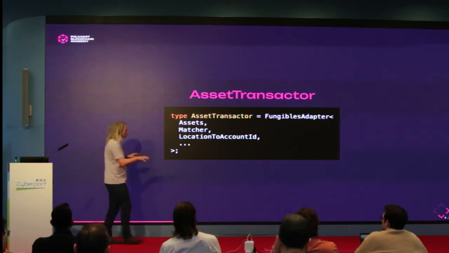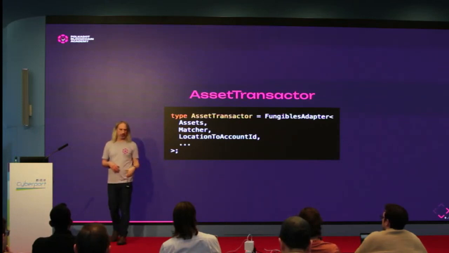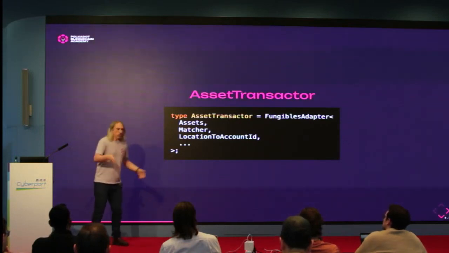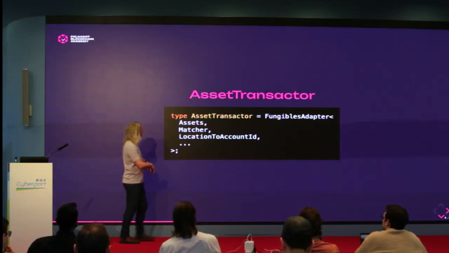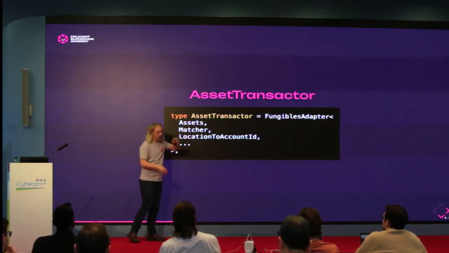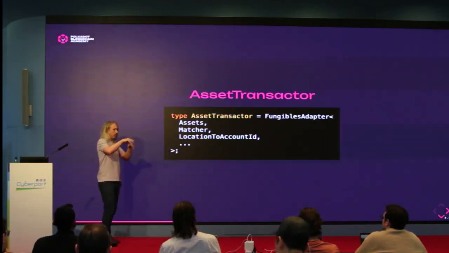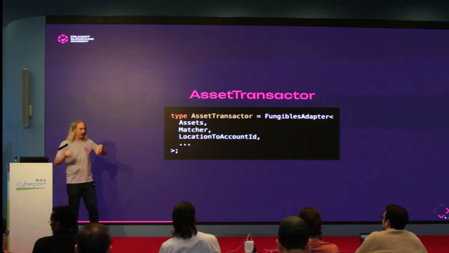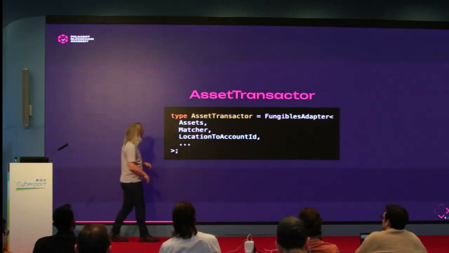But a lot of the time, assets will be something more on-chain native, like a u32, or whatever it is that you use to identify an asset. So the matcher will probably decode the XCM asset ID and compare it to what assets it has in the assets pallet.